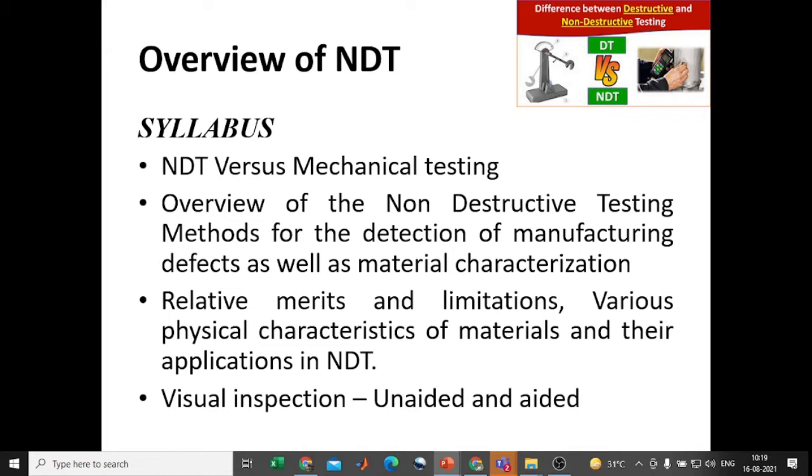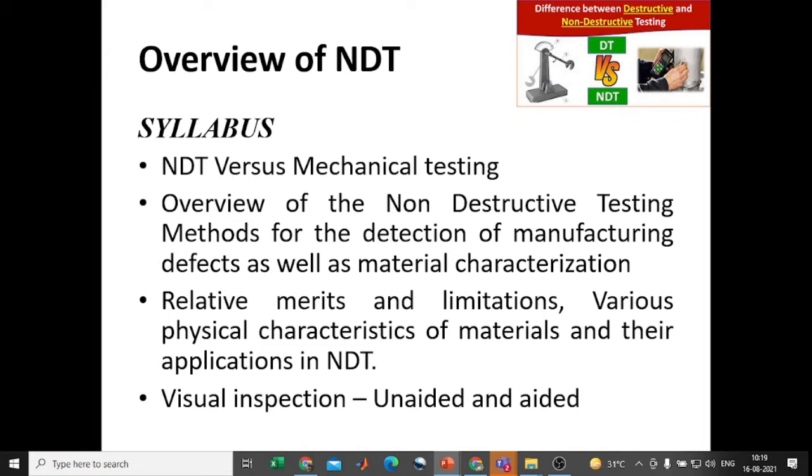Let's see what procedures are available with our subject. After that, the first unit syllabus has the topic of overview of the non-destructive testing methods for the detection of manufacturing defects as well as material characterization. Here, what is material characterization?